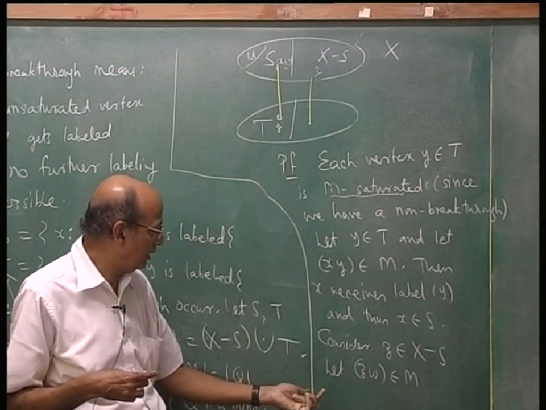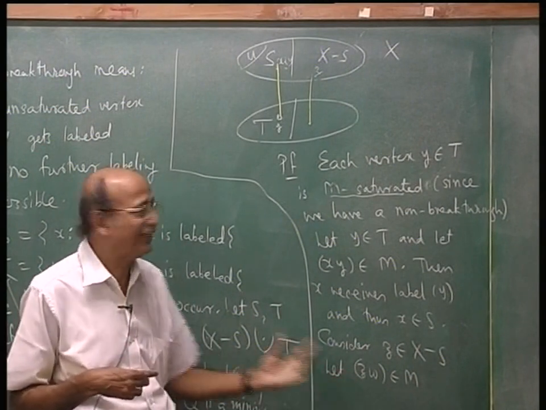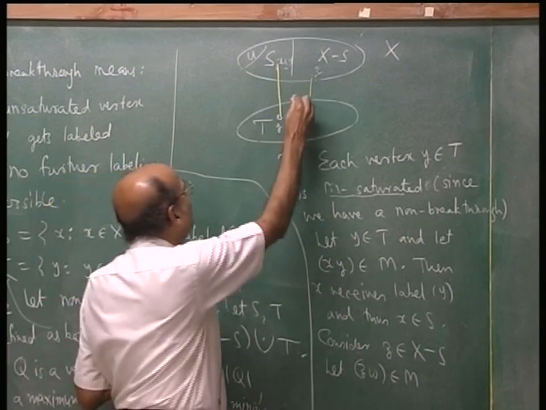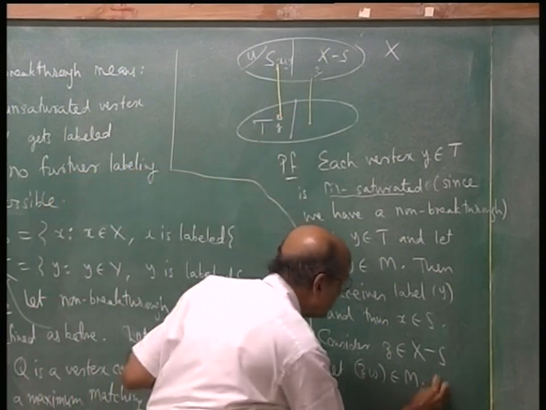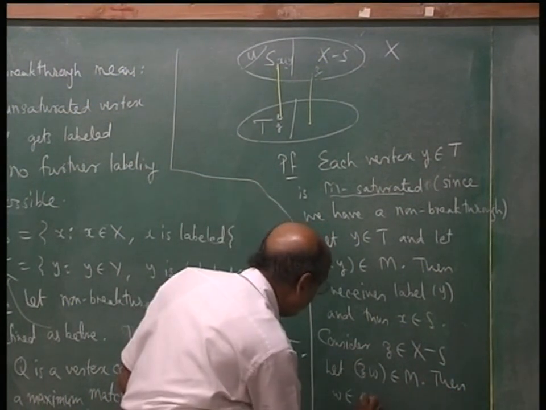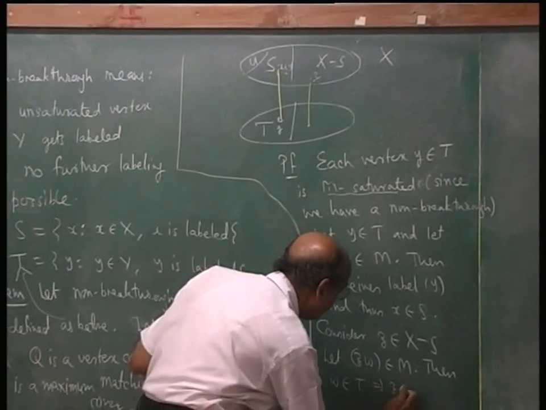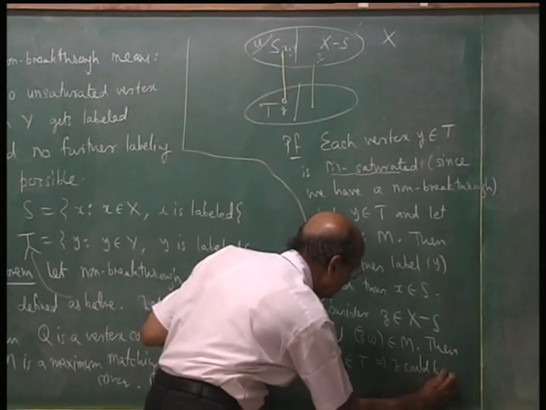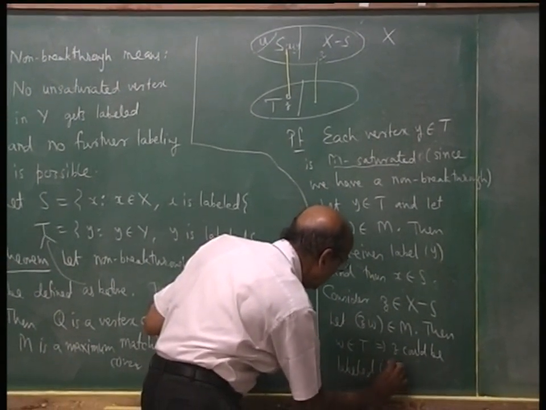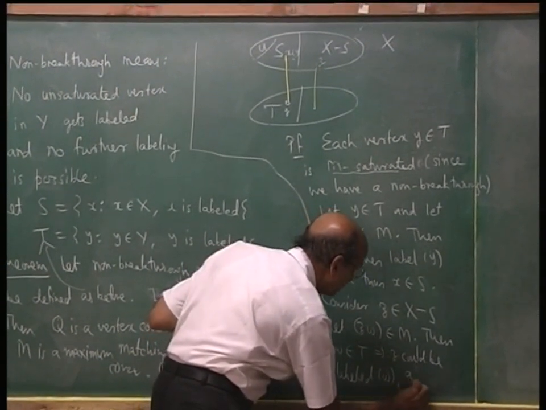I mean, maybe it should be written WZ instead of ZW. No, ZW, that's fine. W is here. So if W is in T, Z could be labeled W. Contradiction.